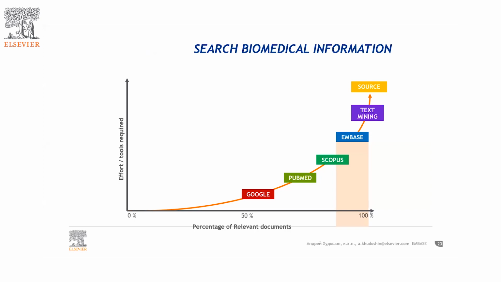Medline gives a better result. In Scopus, you can get better results than in PubMed, but you don't have taxonomy in Scopus. You don't have triple indexing and other things. And Embase gives a result close to 100%.